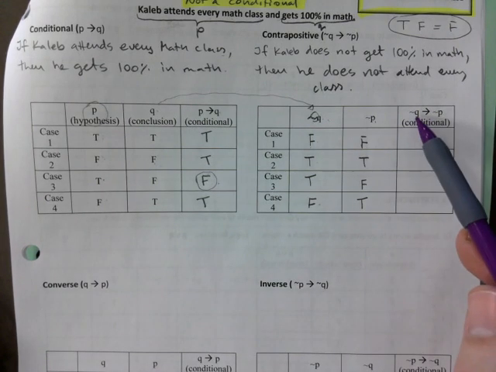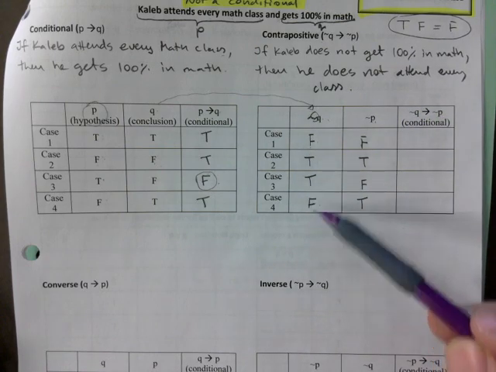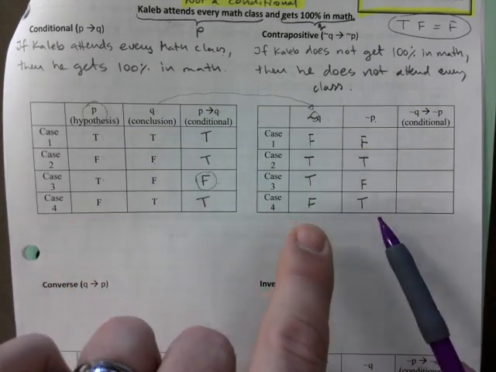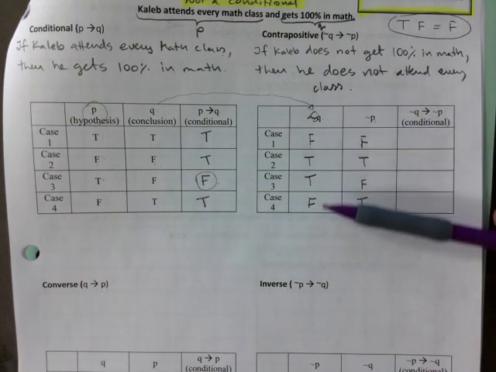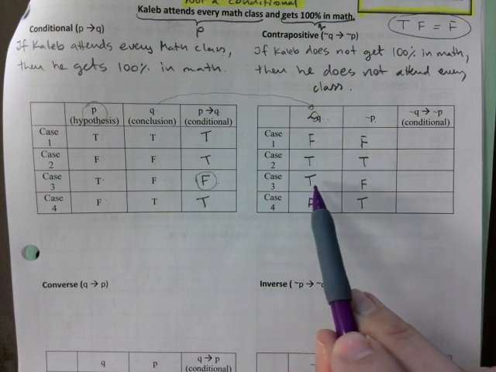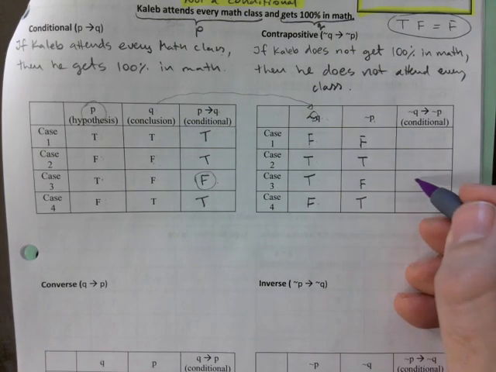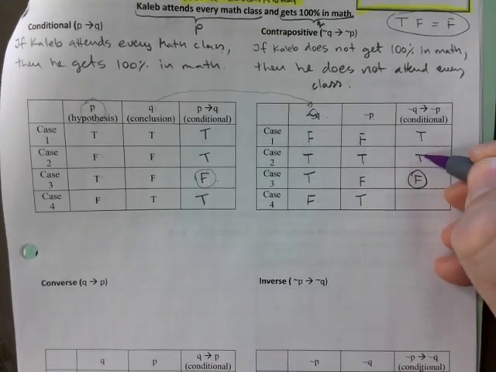So this is now saying if not Q, then not P. We've done the nots. We've changed it from here to here. Which case is going to be the only one where you've lied? Look at case 3. True, false. This is the only one that's going to be false. All the other ones are going to be true.